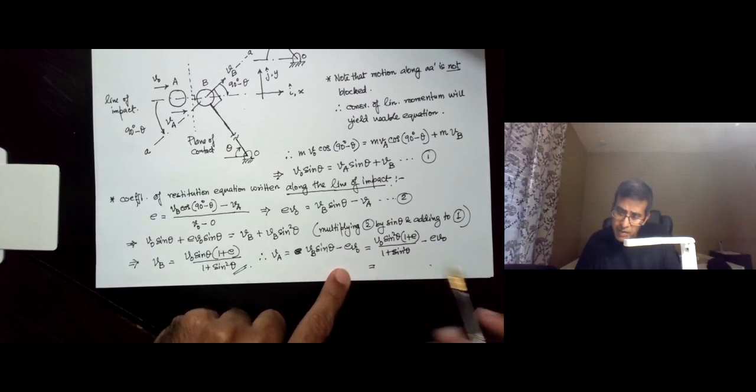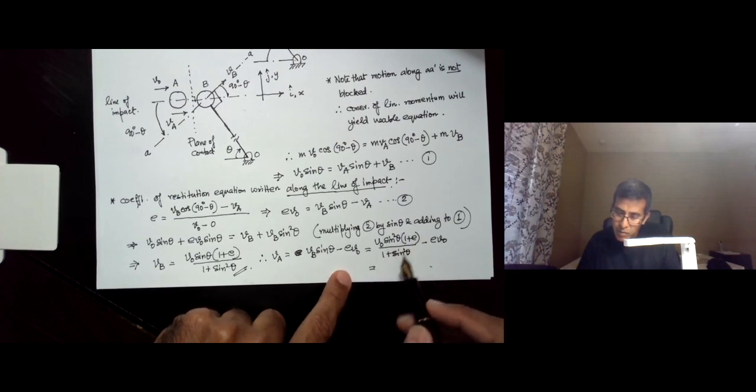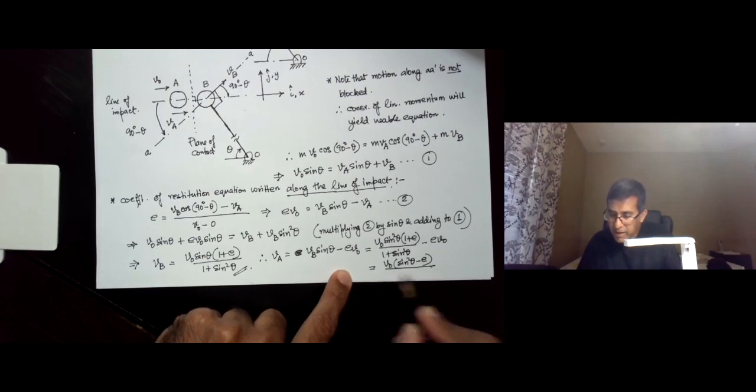which can be simplified, and we will have V naught sine squared theta, EV naught sine squared theta, and minus EV naught and EV naught sine squared theta. So EV naught sine squared theta is going to cancel, and so we will have V naught sine squared theta minus E. So V naught times sine squared theta minus E divided by 1 plus sine squared theta.